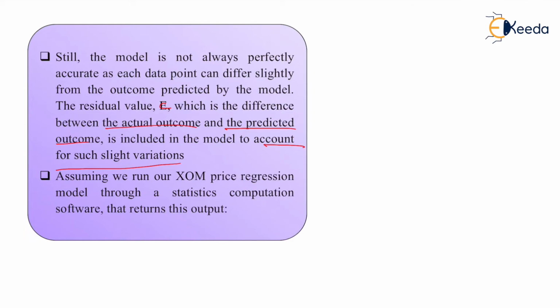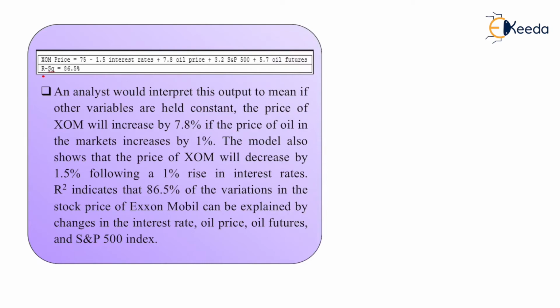Assuming we are running the Zoom price regression model through the statistical computation software, that will return the output like this. So we are getting an R square of 86.5%. An analyst would interpret this output to mean, if other variables are held constant, the price of Zoom will increase by 7.8% if the price of oil in the market increases by 1%.